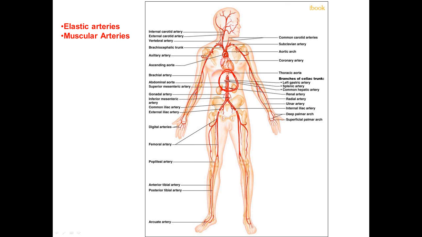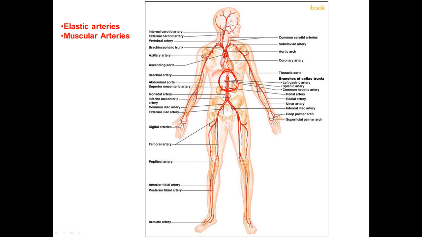The muscular arteries are there to provide motive power to help squeeze blood through in other areas. And they're muscular so they can be controlled. So actually it's possible to control the amount of blood passing through them via nervous or chemical signals.